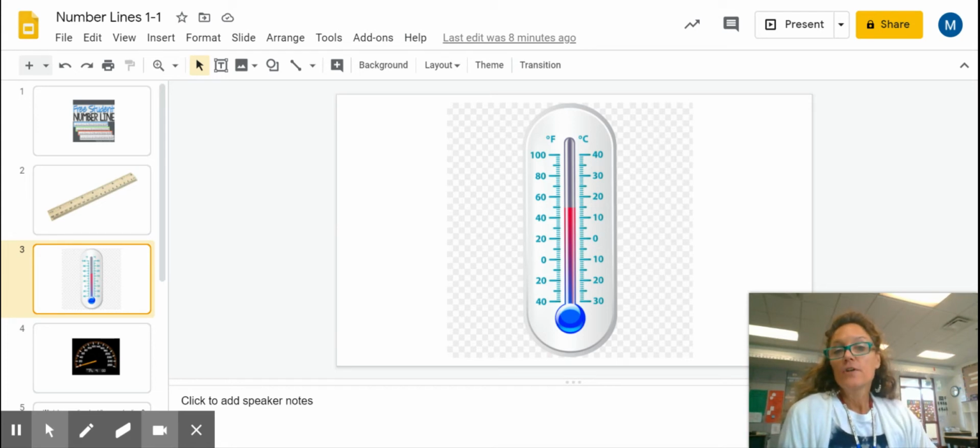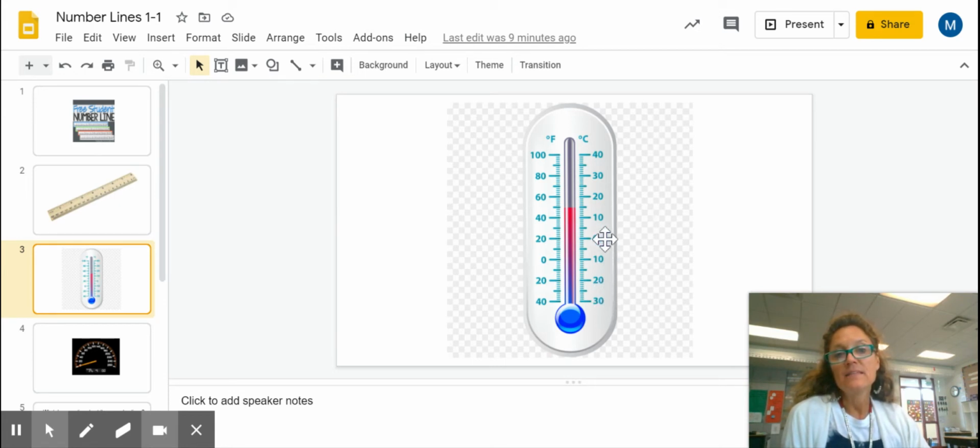This is a vertical number line, and this is a thermometer. It tells you the temperature. So I want you to notice this side that has the degrees, and the C stands for Celsius. The 0 is here. And if you look below it, these numbers are less than 0.